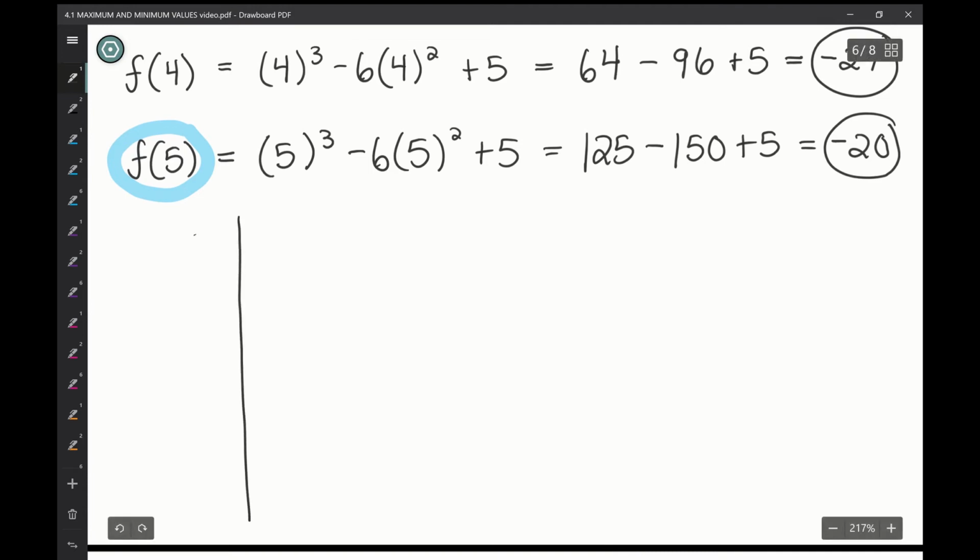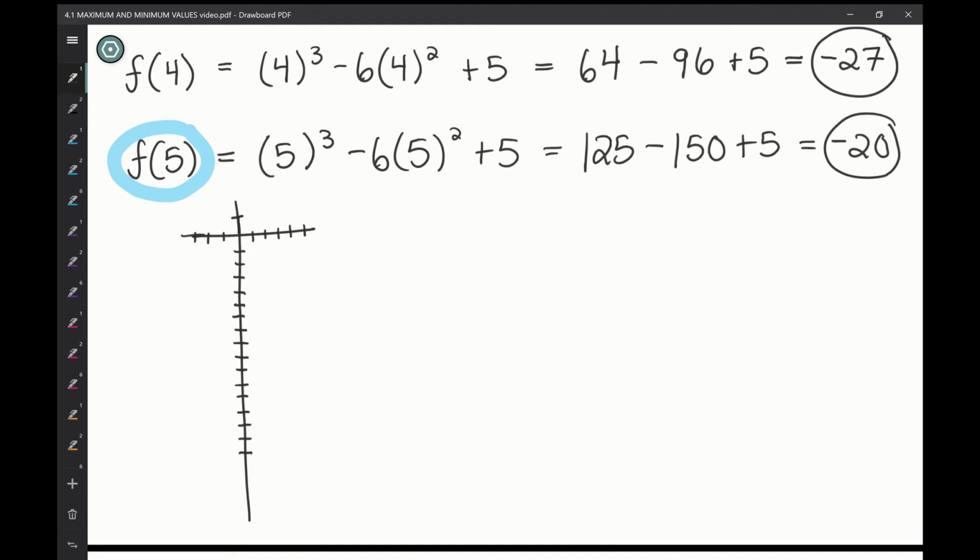So let's see. My x values range from negative 3 to positive 5. And my y values, the highest y value I hit is 5, and I go all the way down to negative 76. So I'll count by 5s real quick. 5, 10, 15, 20, 25, 30, 35, 40, 45, 50, 55, 60, 65, 70, 75, 80. And that's pretty much what I need there.